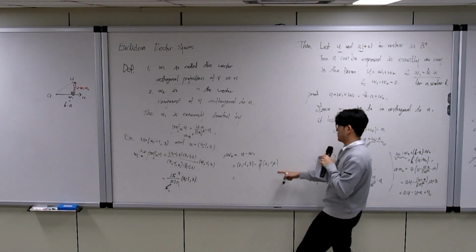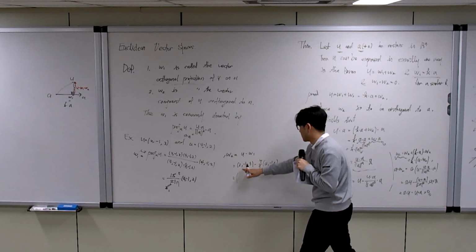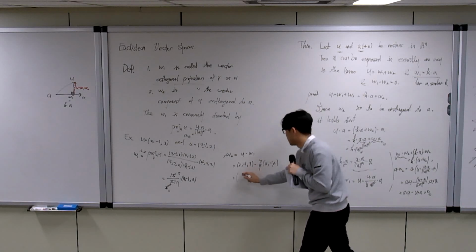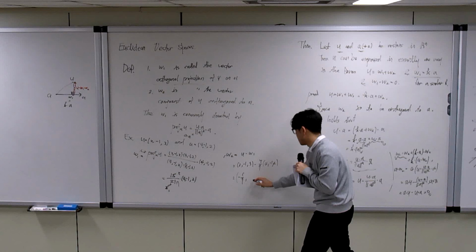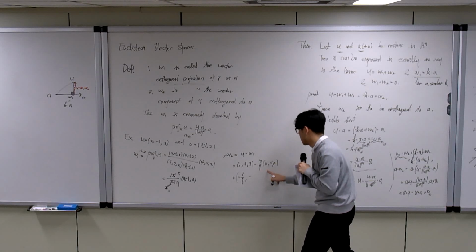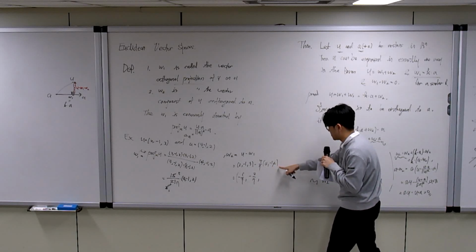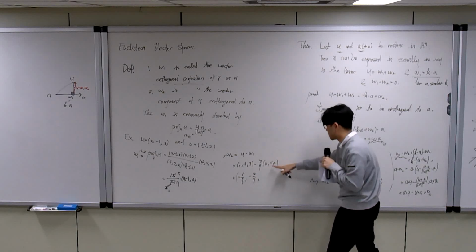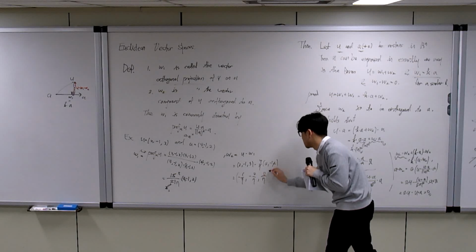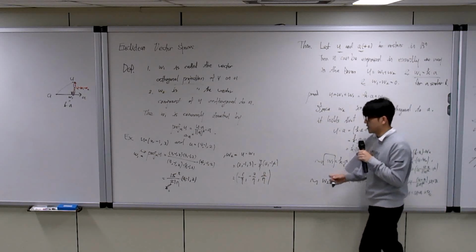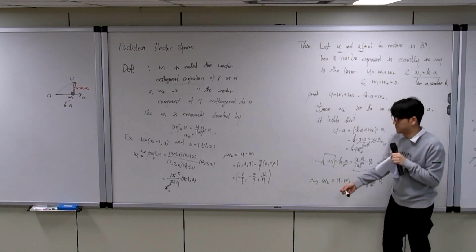If you calculate it, you will get (14 minus 20, over 7) which is minus 6 over 7, then minus 2 over 7, then 3 minus 10 over 7, which is 11 over 7. This is the vector w2, and I'm sure you can calculate the dot product of w1 and w2.